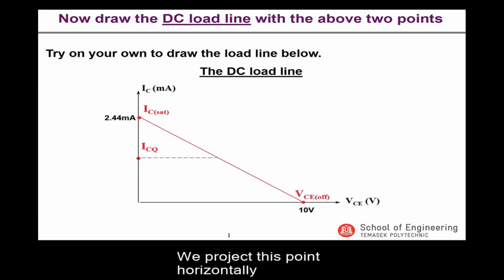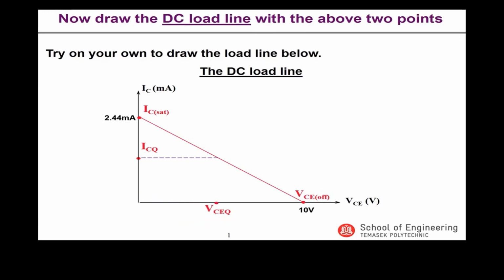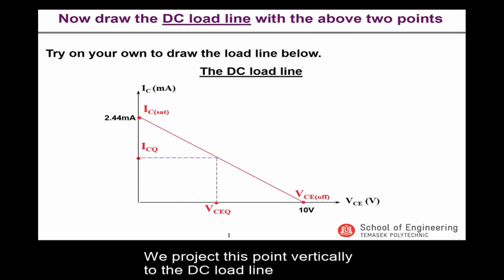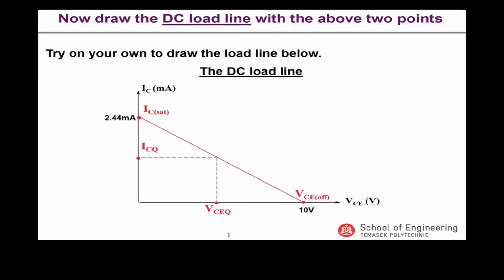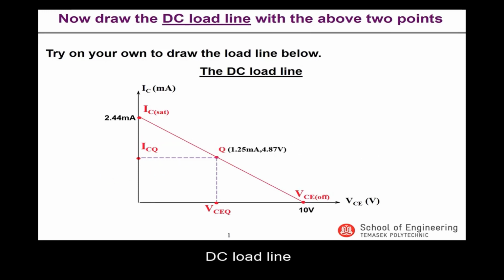We project this point horizontally to the DC load line. The x coordinate value of the Q point is VCEQ and lies on the x-axis between 0 and VCE off. We project this point vertically to the DC load line. Hence, the Q point is finally indicated on the DC load line.